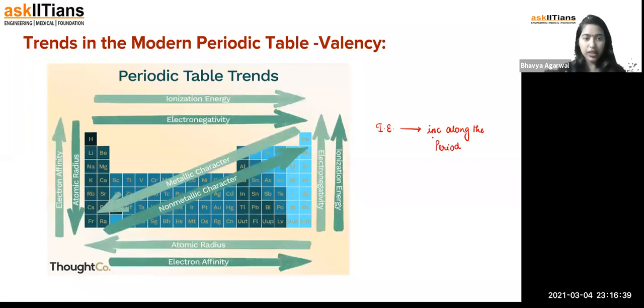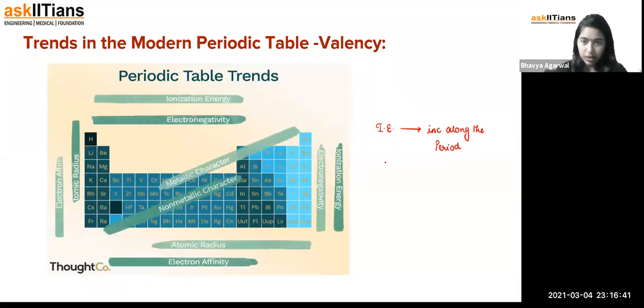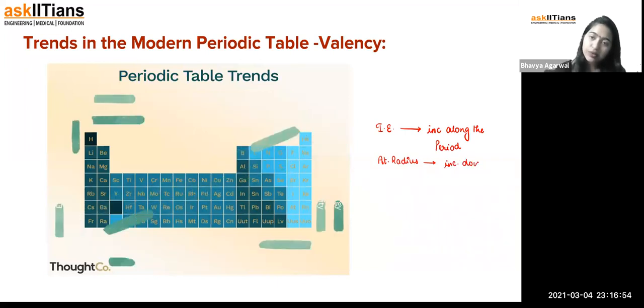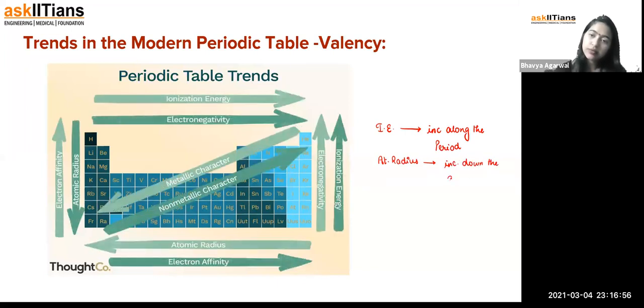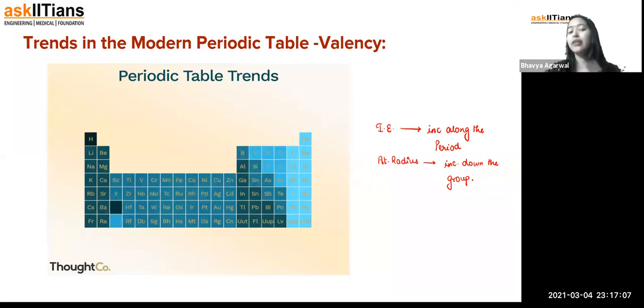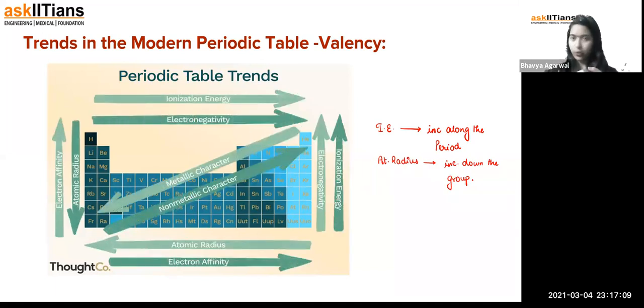Same way, if you see the atomic radius, as per the arrow, they are trying to say that it increases down the group. So the arrowhead is basically pointing in the increasing direction, and whatever is written on the arrow is the property which is increasing in that direction, right?